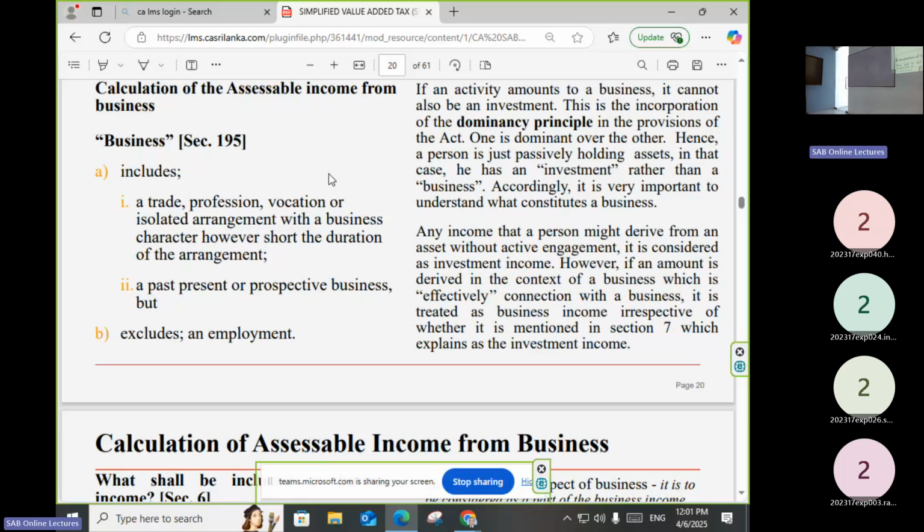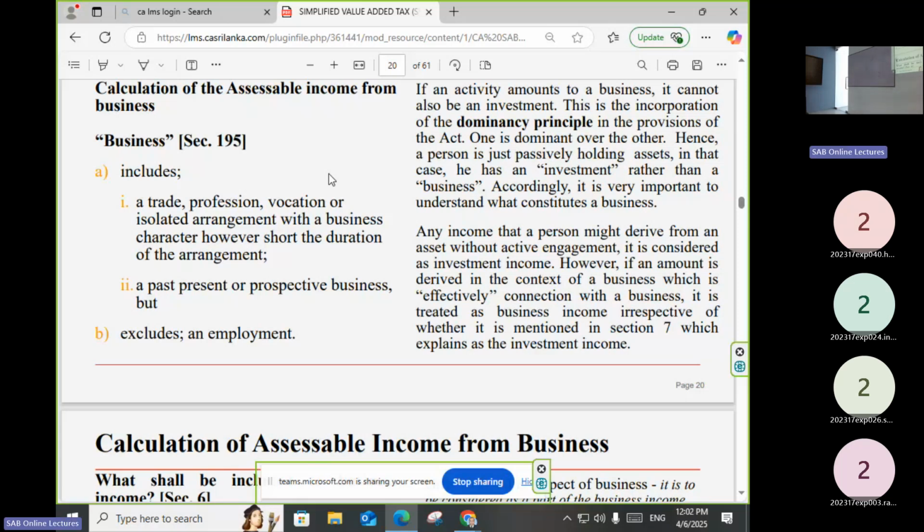You are working as a service provider, but under a contract of employment. Under that, you are providing services, and from that, somebody is getting income, which is the employment income. By providing those services, as per the agreement, he is getting income.